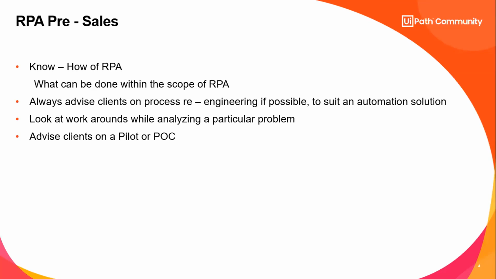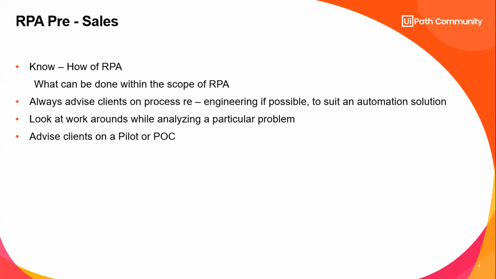So we advise our clients not to go directly for a full-fledged implementation, but first to understand the benefits RPA can bring to the table with a pilot process or POC. A POC gives you proof that this concept will work for your organization.